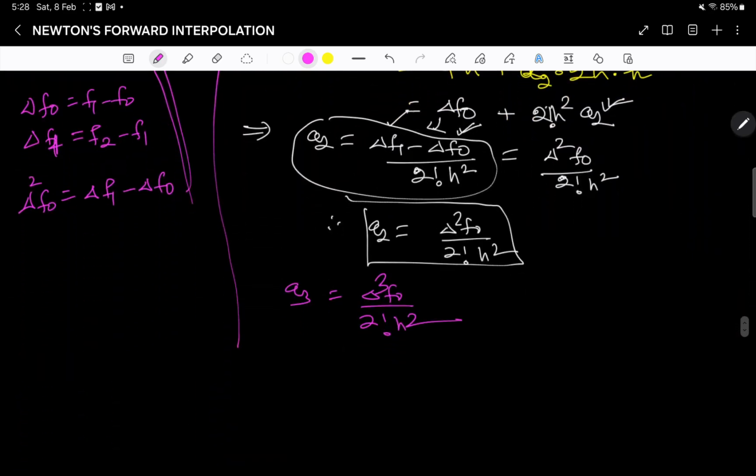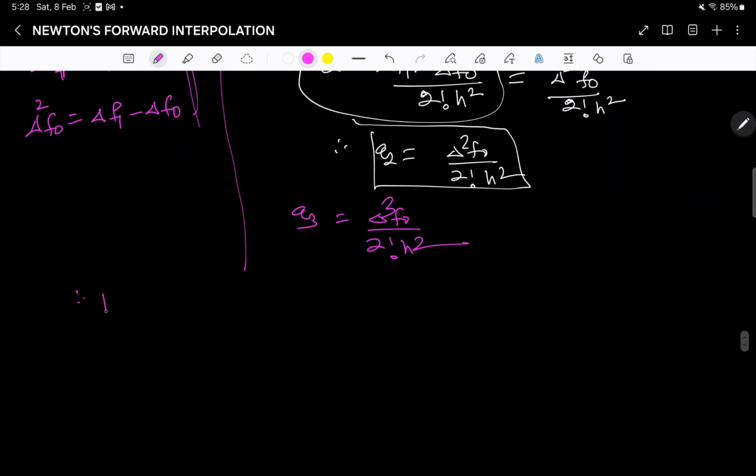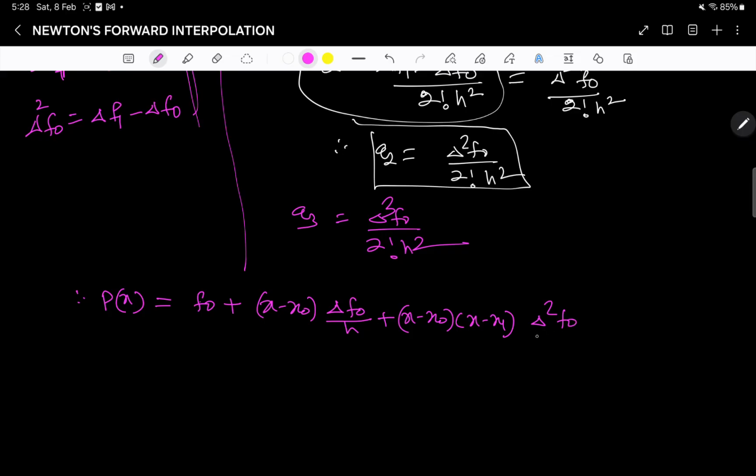So therefore, what is the interpolating polynomial? Therefore here p of x will be, a0 is f0 plus x minus x0, a1 is del f0 by h, plus x minus x0 into x minus x1, here a2 will be del square f0 by 2 factorial h square.